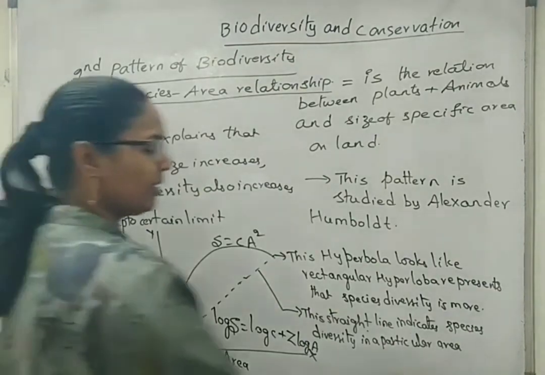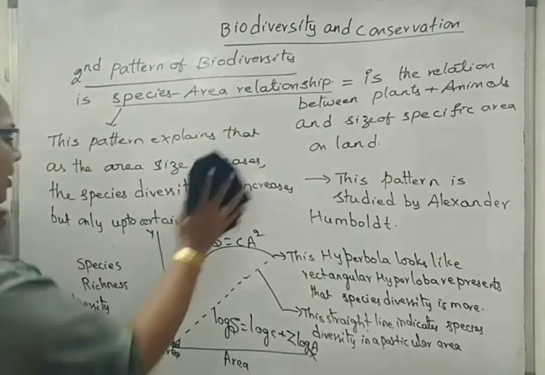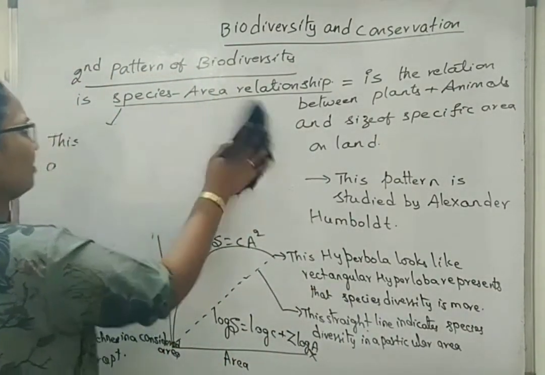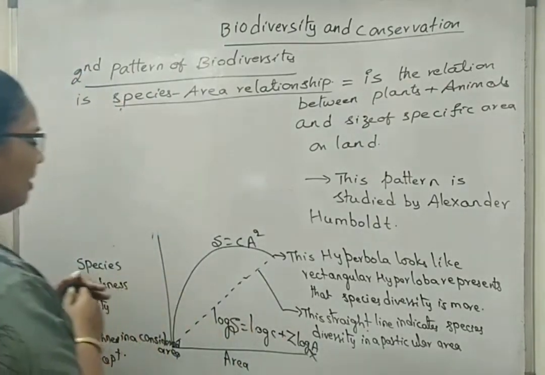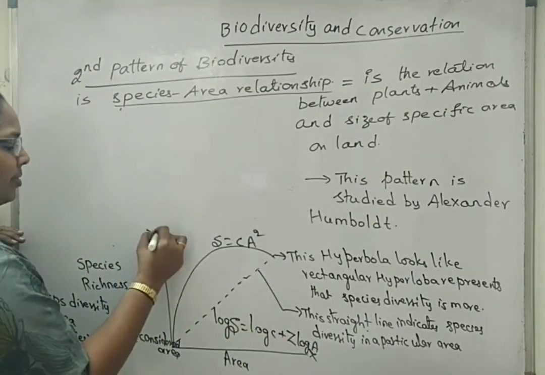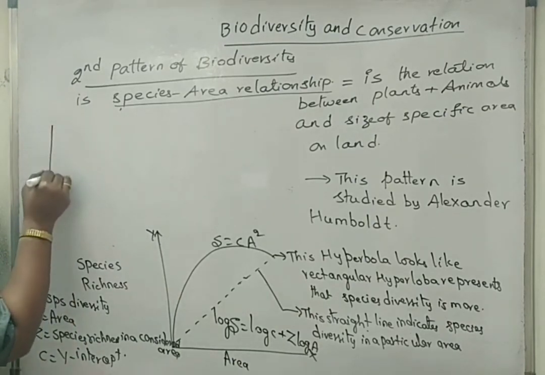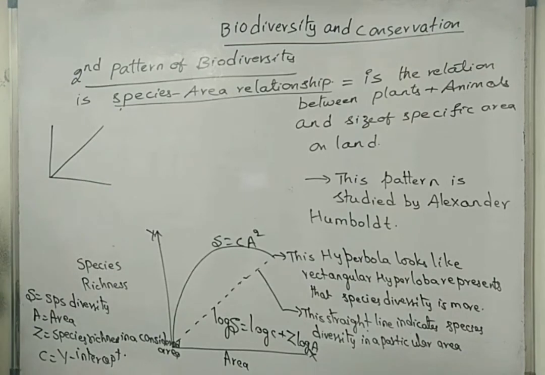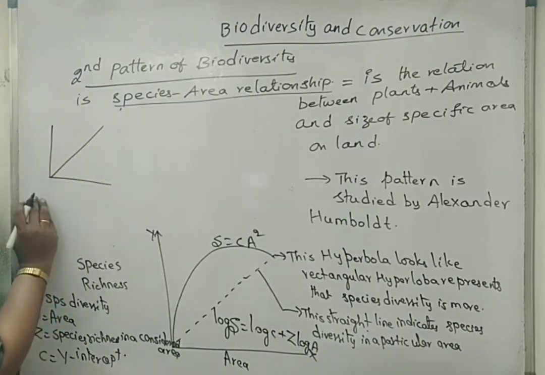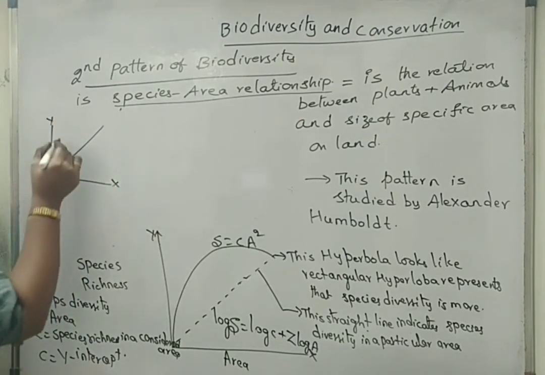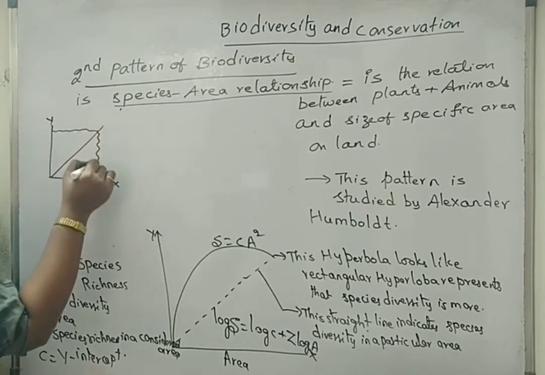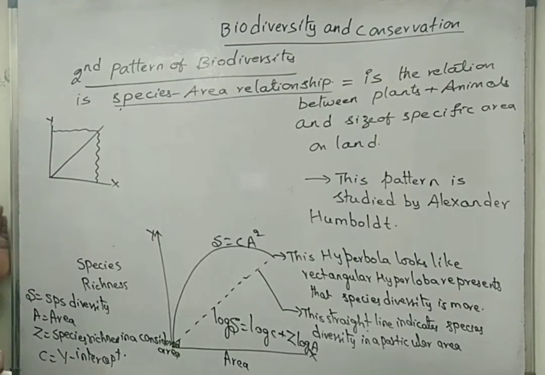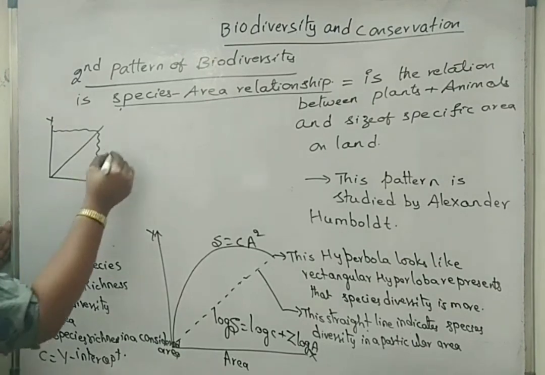Here, if we make a little change, I will explain one extra point regarding this graph. If during the MCQs a graph is given like this, and here the straight line indicates the Z, the slope of the graph, this is the y-axis and this is the x-axis. If the graph is indicated like this and asked what it indicates, this indicates that the species diversity is more.